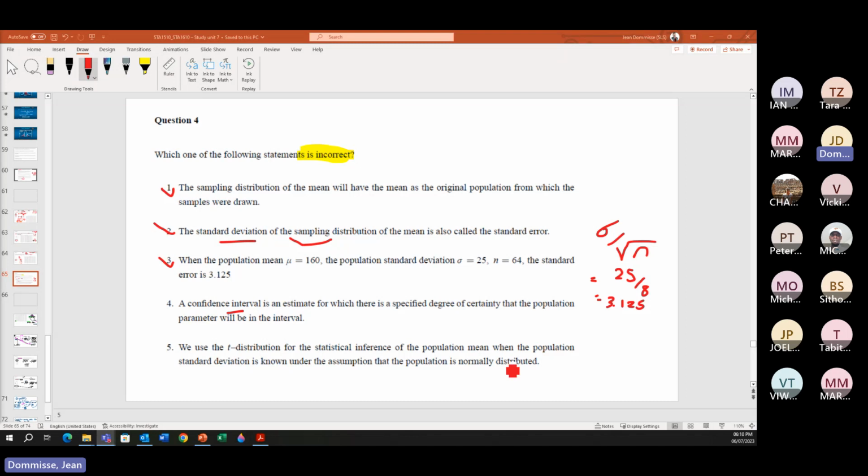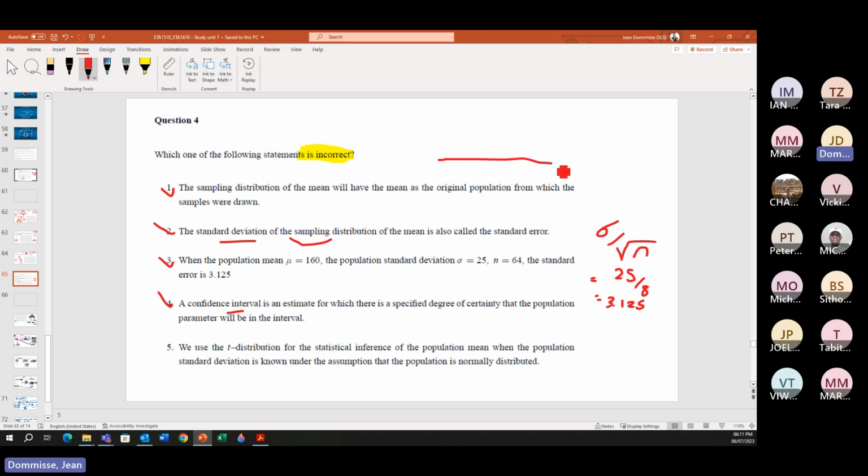A confidence interval is an estimate for which there is a specified degree of certainty that the population parameter will be in the interval. Okay, lots of words. It is true.